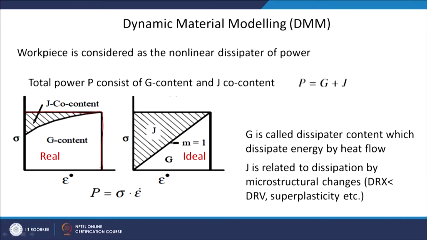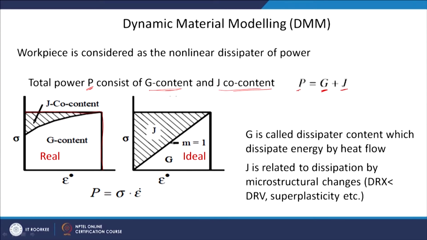And the model suggests that this total power consists of two parameters, called the G content and the J co-content. In terms of stress and strain rate, power can be defined like this. Now, what are G and J co-content?